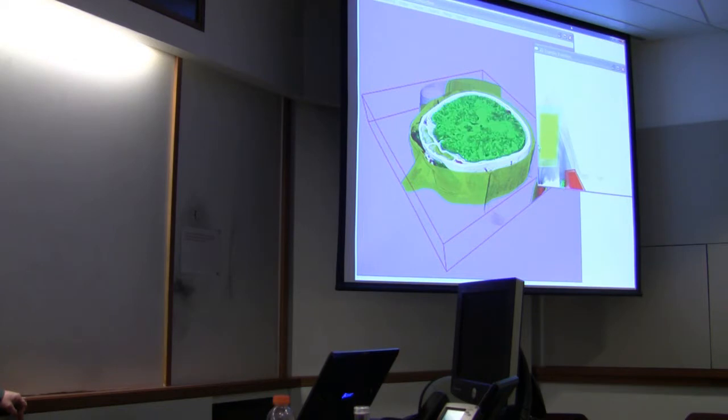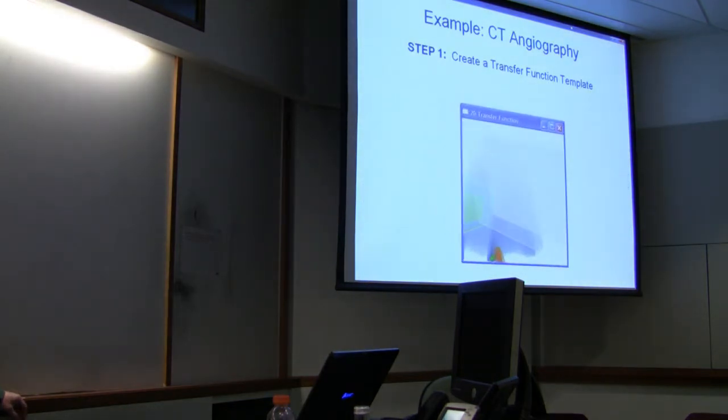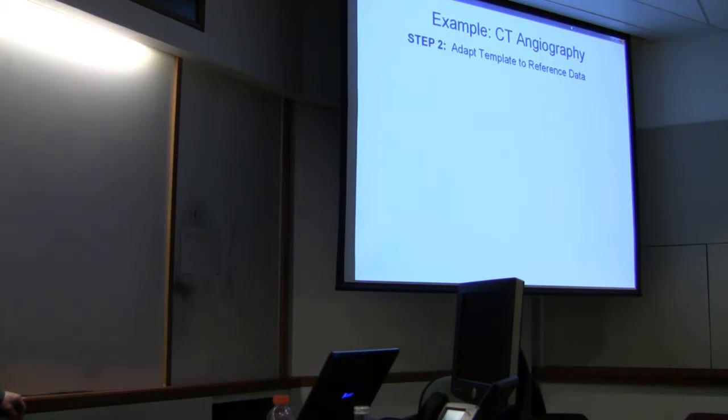In this example, we have used only a single primitive for each structure of interest, but if necessary, multiple primitives may be used as well. The result of this first step is a transfer function template that represents all the relevant structures contained in the data. In the second step, the template is adapted to a collection of reference datasets.